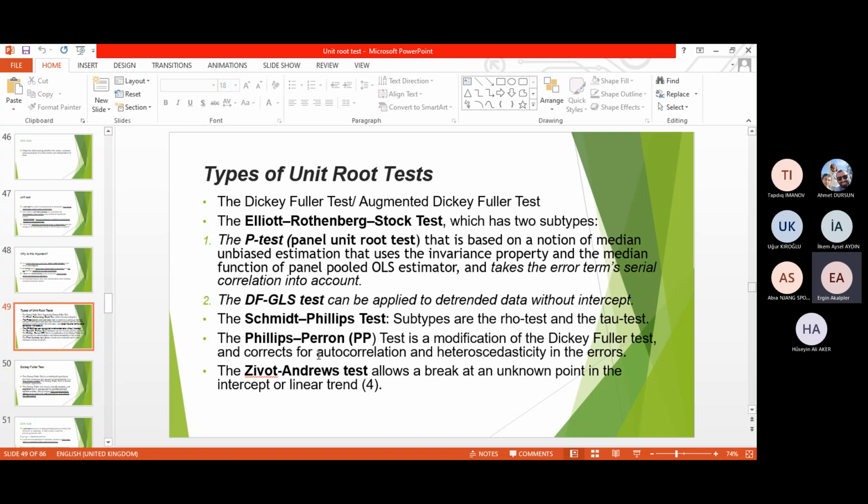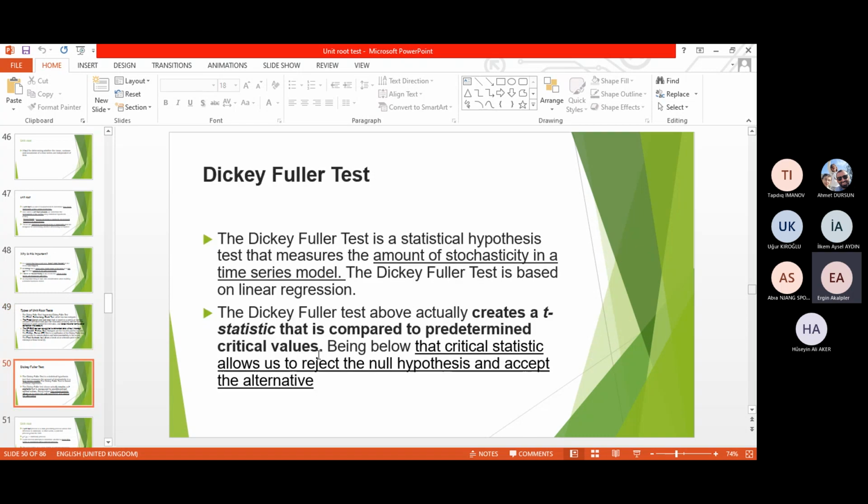The Phillips-Perron test is also supported, a modification of the Dickey-Fuller test, as I mentioned to you, and corrects for the autocorrelation and heteroscedasticity in the errors. And the Zivot-Andrews test allows a break at an unknown point in the intercept of a linear trend. I don't use it actually.